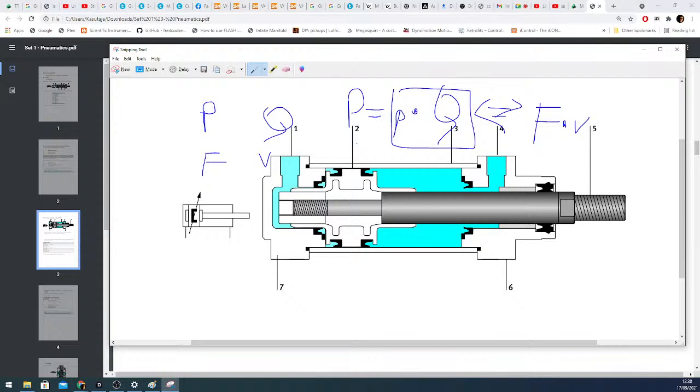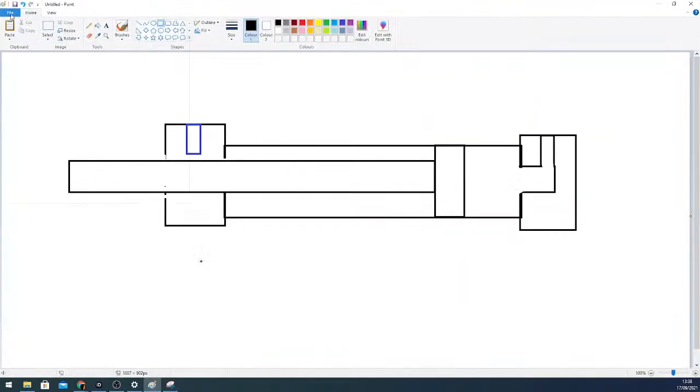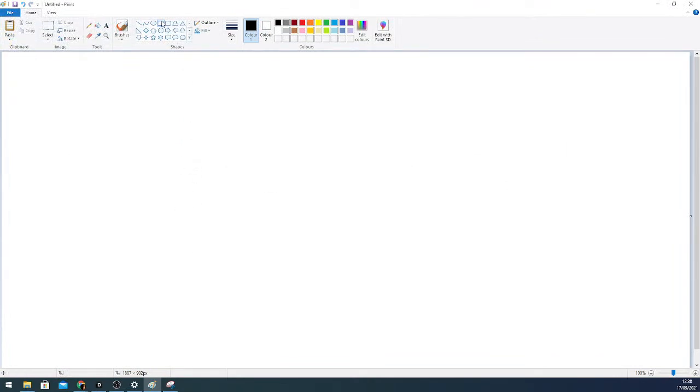Okay. So we'll discuss the pressure and flow rates and how they are related to the operation of the cylinder. So, pressure. First of all, the scales of pressure.